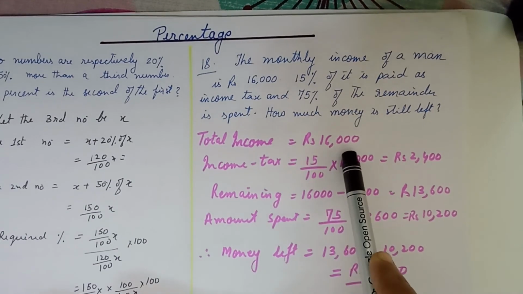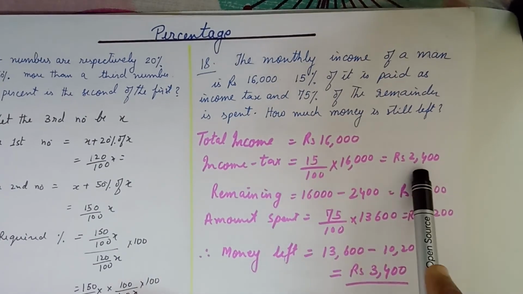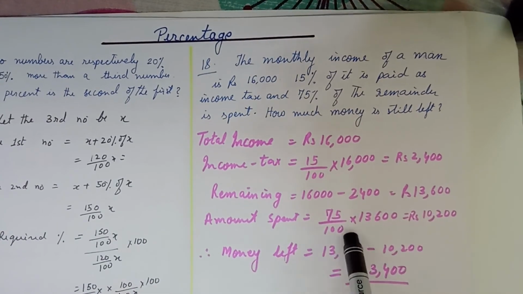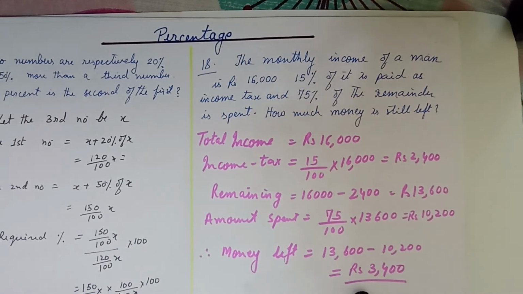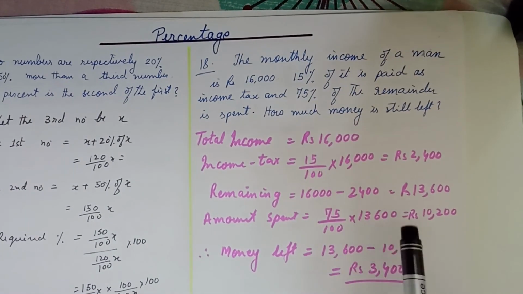Income 16,000, income tax deduction 15% of its value. How much is the remainder? Subtract. 75% is spent. Again you do the subtraction for the money left. Very simple question, not difficult at all.